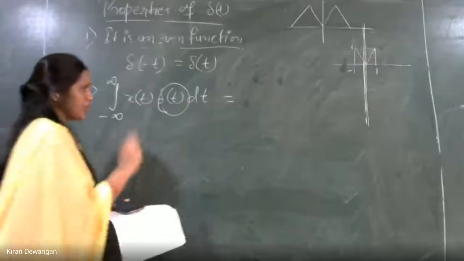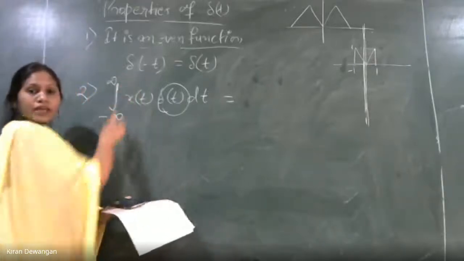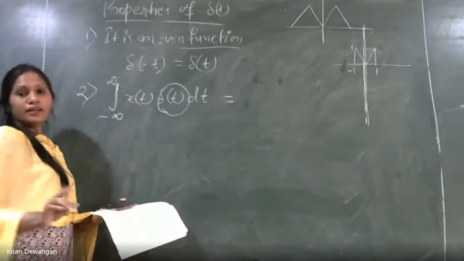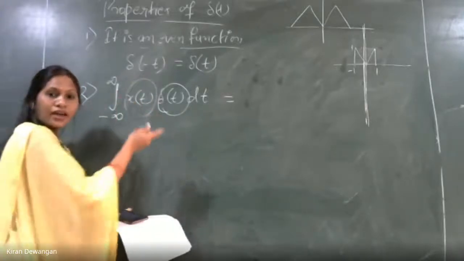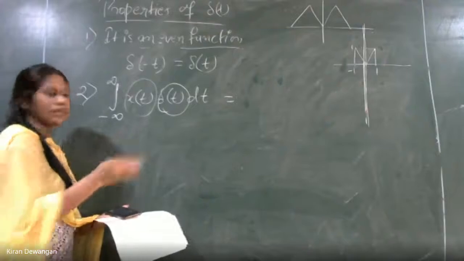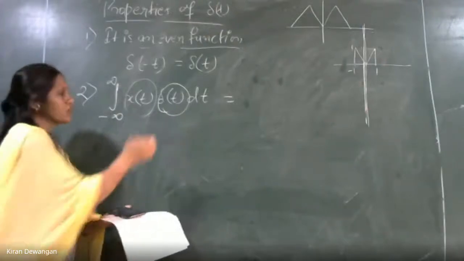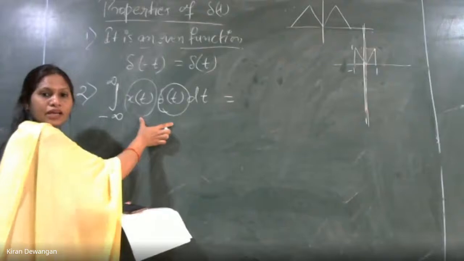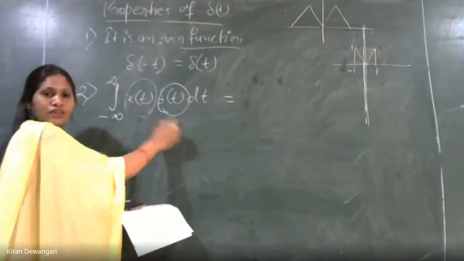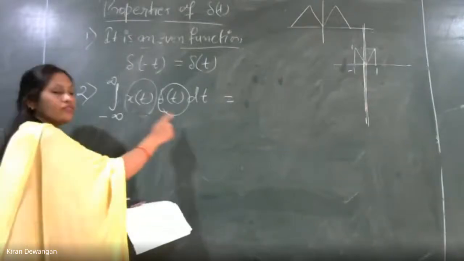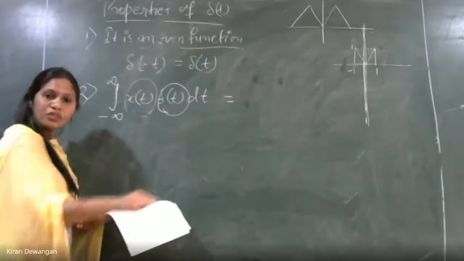क्लियर? तो आपका ये पूरा रेंज जो है कोई मैटर ही नहीं करता है. xt जो भी फंक्शन हो, del t 0 है for all the values of t except at t equals to 0. तो यहाँ पर ये जो मल्टीप्लिकेशन है xt into del t, ये for all negative values of t will be 0 and for all positive values of t will also be 0.